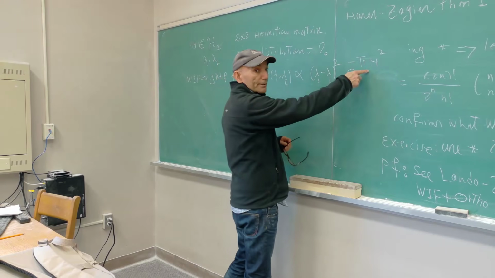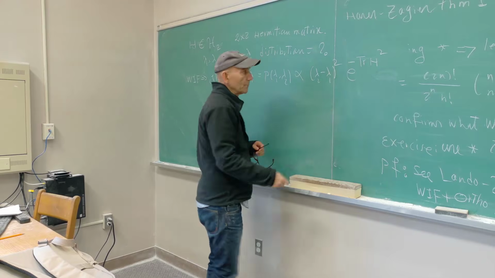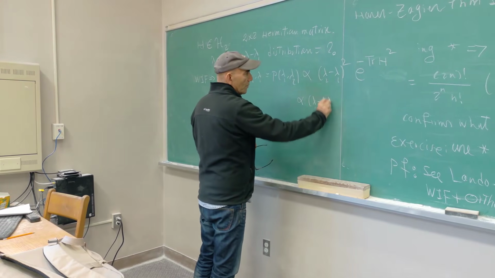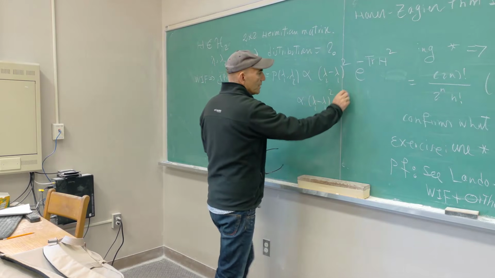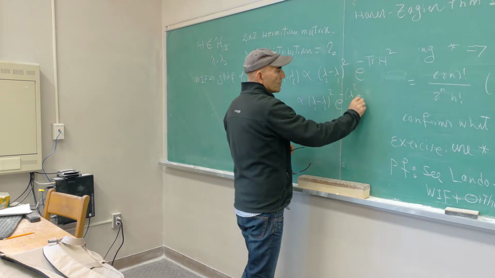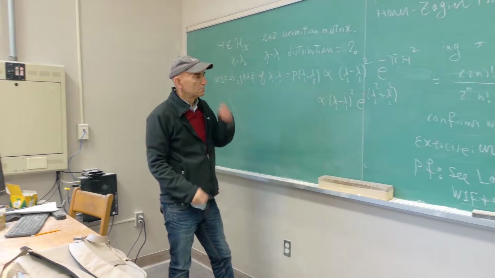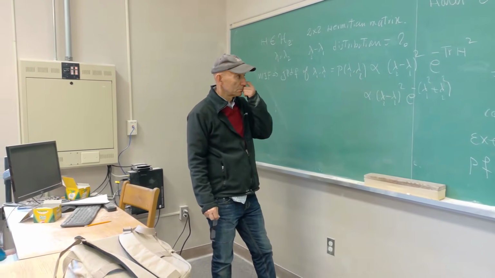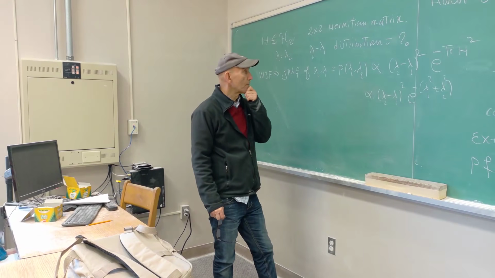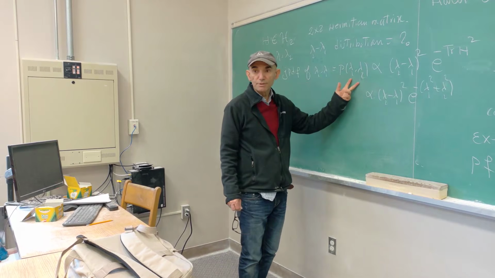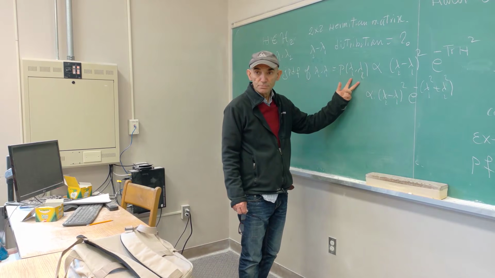So I can write the trace of H^2 in terms of lambda 1, lambda 2. So this is (lambda 2 minus lambda 1) squared times the exponential of minus (lambda 1 squared plus lambda 2 squared). So that's cool. We have two random variables, and we know the joint probability distribution function.